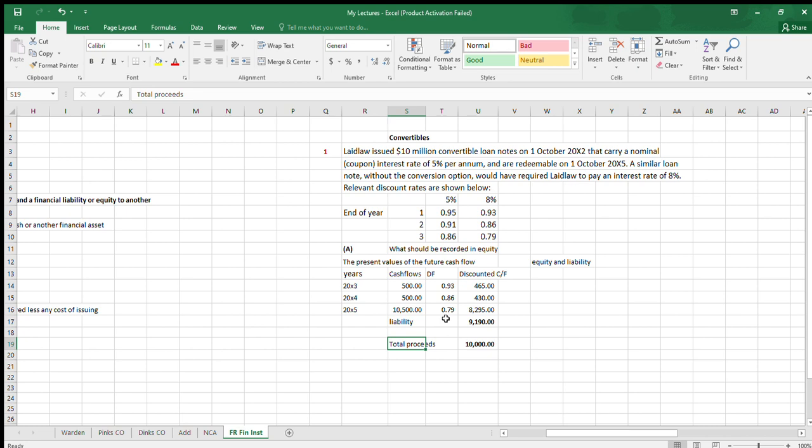That's the total proceed. And our liability that we got from discounting was 9,190. So what is the equity? The equity is the balancing figure. So the total proceed minus the liability, 810. So this 810 is your equity. That is the balancing figure.